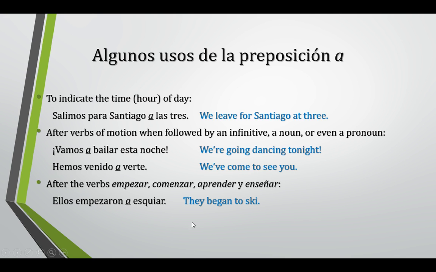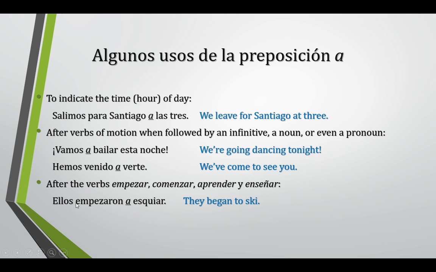Notice it says they began to ski. En español, ellos empezaron a esquiar. Well, once again, the verb esquiar means to ski. The word to is there. So why would you say a? It looks like you're saying they began to ski. Bueno, la razón en español, the verb empezar always takes the preposition a with it when it's used in front of another verb.